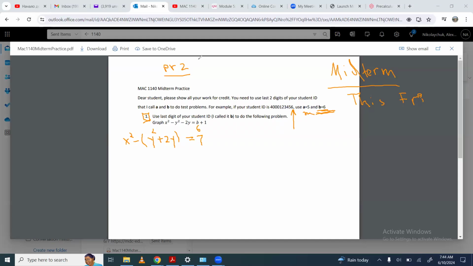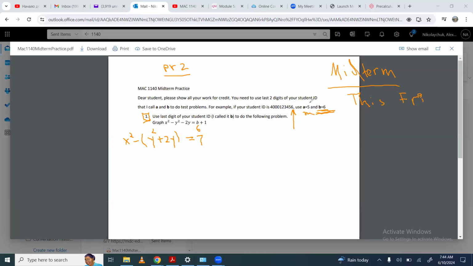So there will be only two problems, problem one and problem two. It's not going to be a big midterm. Two questions, yes. You plug in one digit for one problem and the other digit for the other problem.